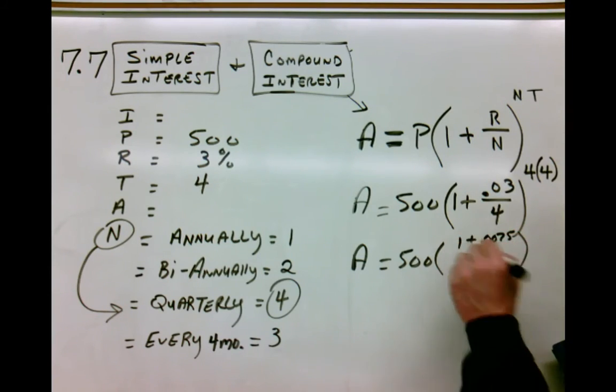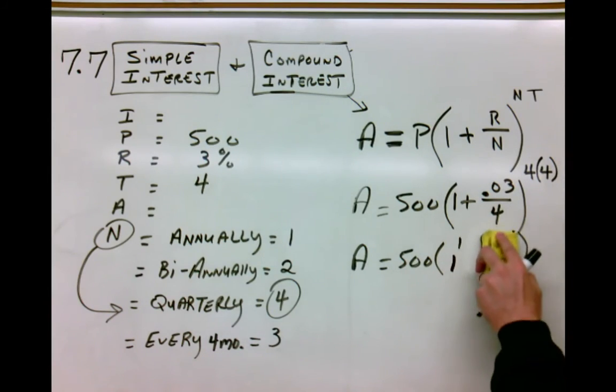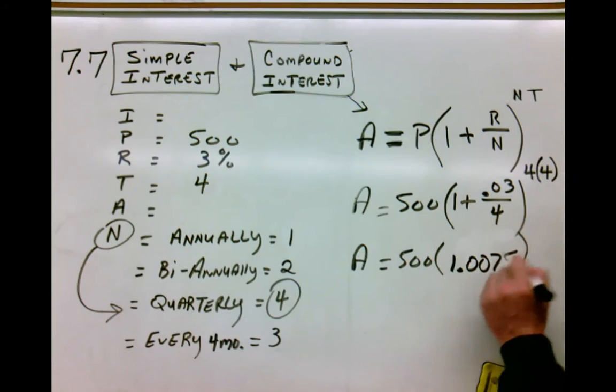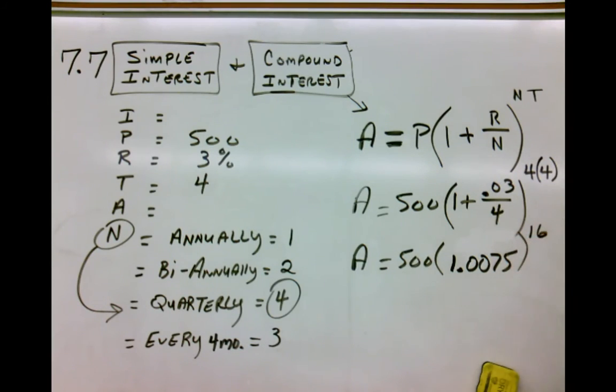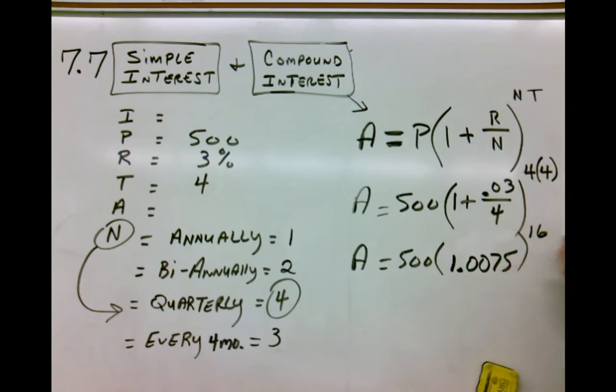And then I'm going to add 1 to it, so I get 1.0075. And then to the power of 4 times 4, well, 4 times 4 is just 16. So now I have this expression, 500 times this decimal to the power of 16.